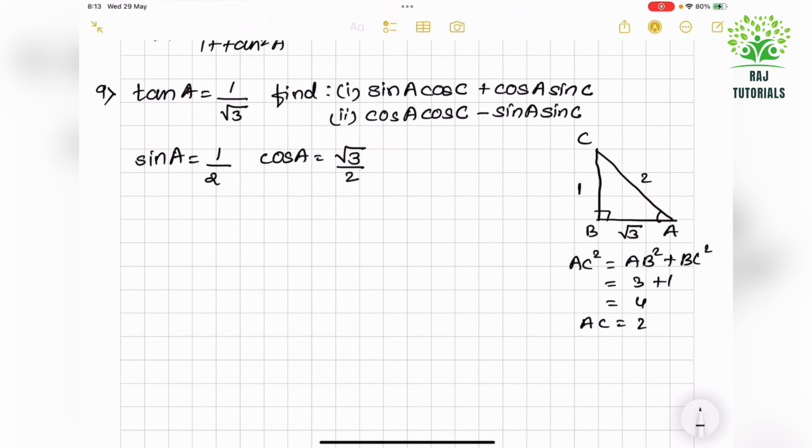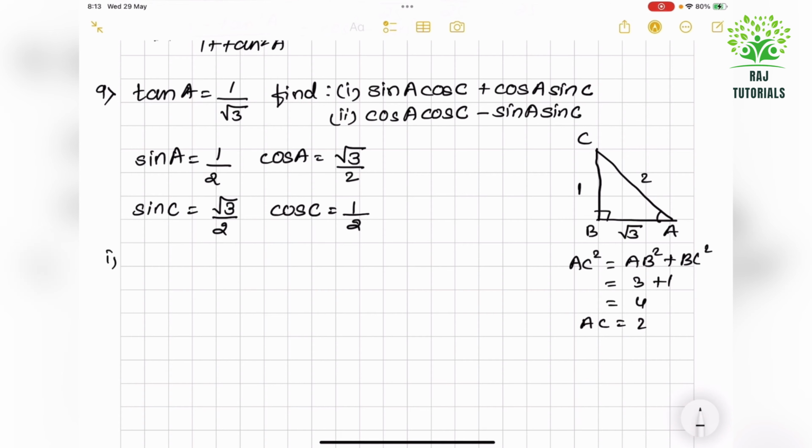Then I have to find sin C and cos C. So sin C will be root 3 by 2 and cos C is 1 by 2.